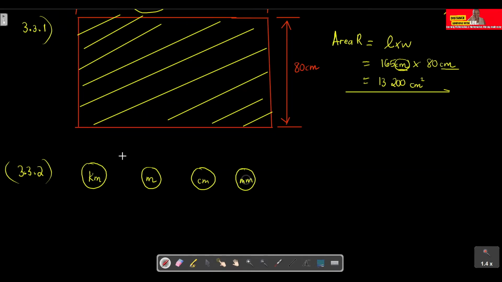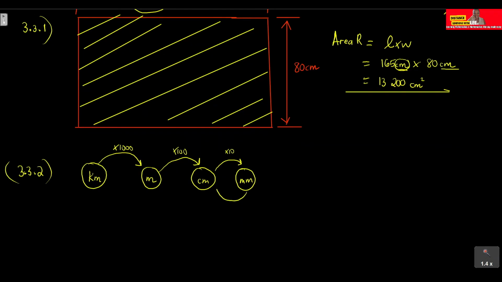I already mentioned that to go from a bigger unit to a smaller unit, we multiply. So we multiply by 1,000, we multiply by 100 here because we're moving from meters to centimeters, and you multiply by 10 here. To move from a smaller unit to a bigger unit, you divide. So you're going to do the inverse operation of what we did at the top: divide by 10, divide by 100, and divide by 1,000.